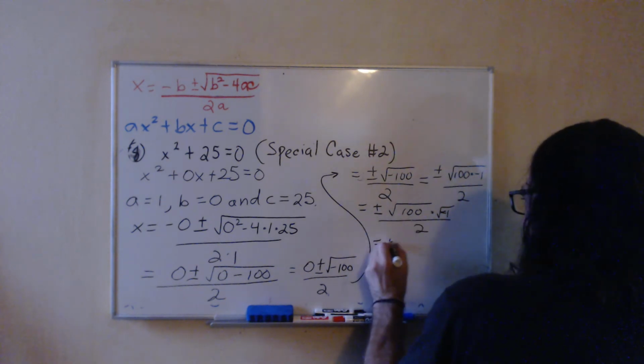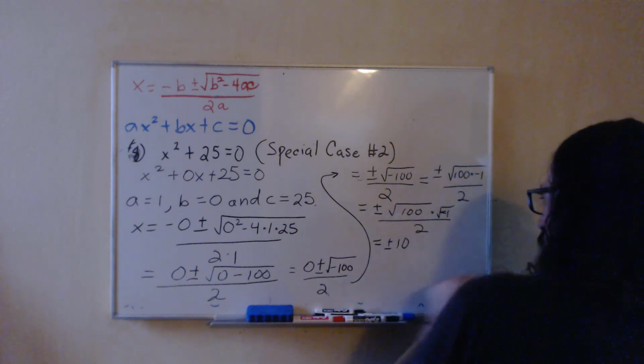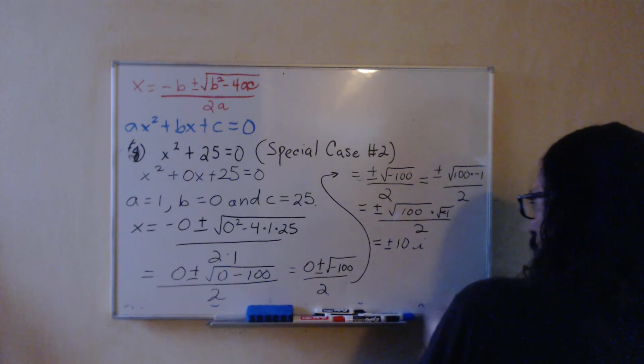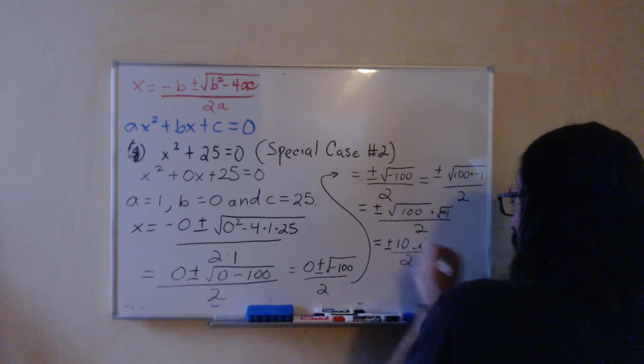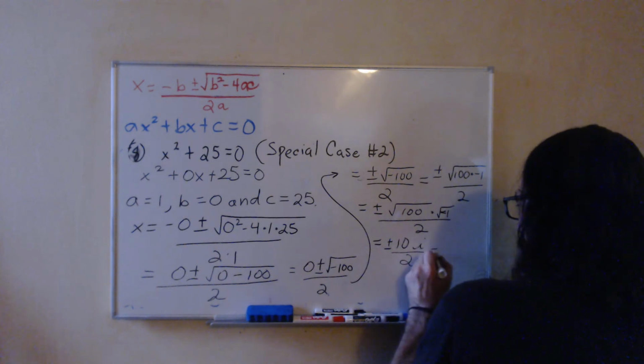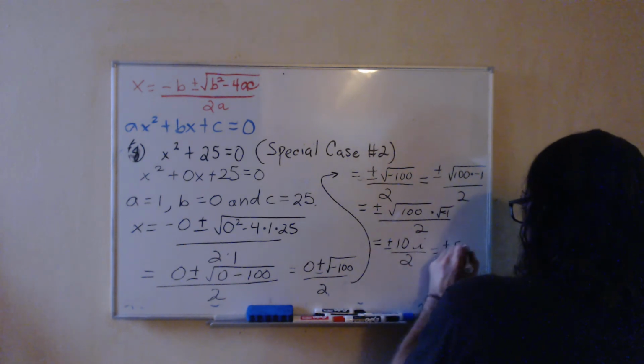Square root of 100 is 10. Square root of negative 1, referred to just a little while ago, is the imaginary unit i, and that'll reduce to plus or minus 5i.